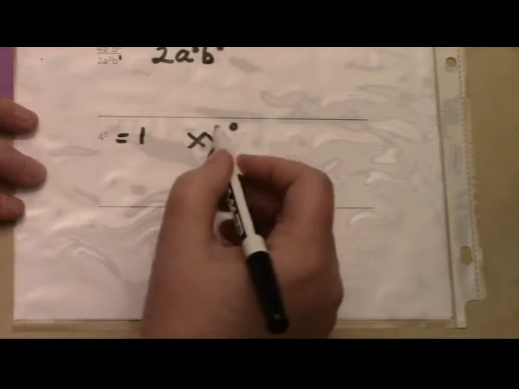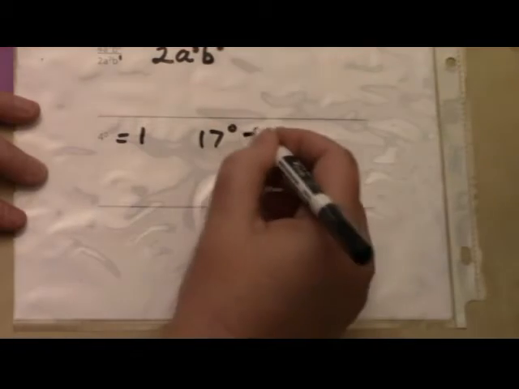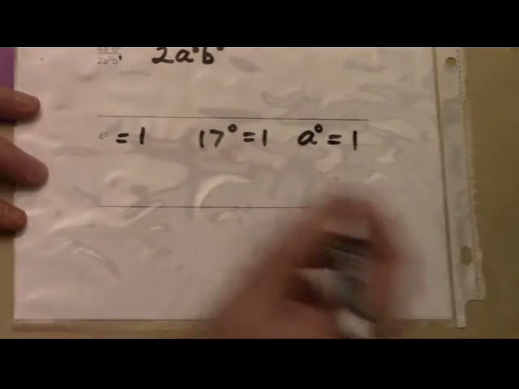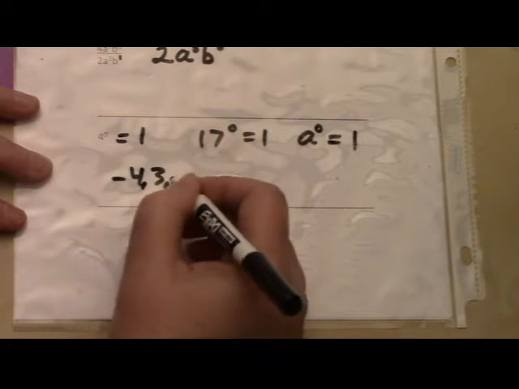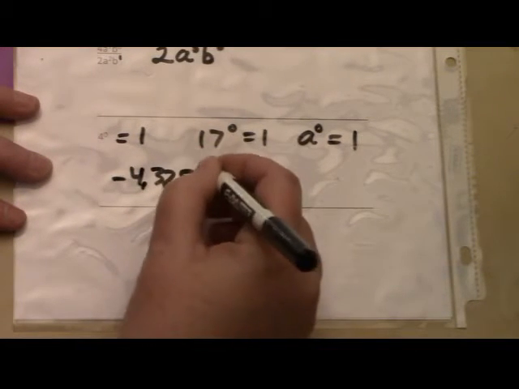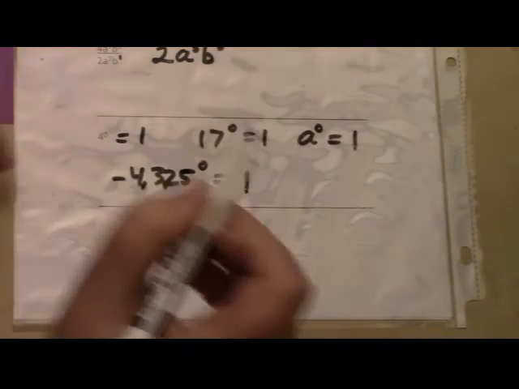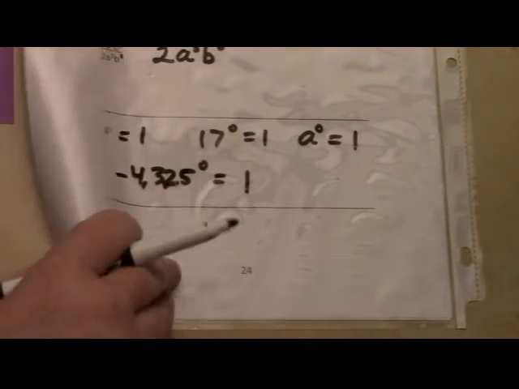Actually, it's going to be x because it's x times 1. That was a really bad example. Let's take 17 to the power of 0. It equals 1. How about a to the power of 0? It equals 1. How about negative 4,325 to the power of 0? It equals 1. What's the rule here? Anytime a base is raised to the power of 0, it equals 1.